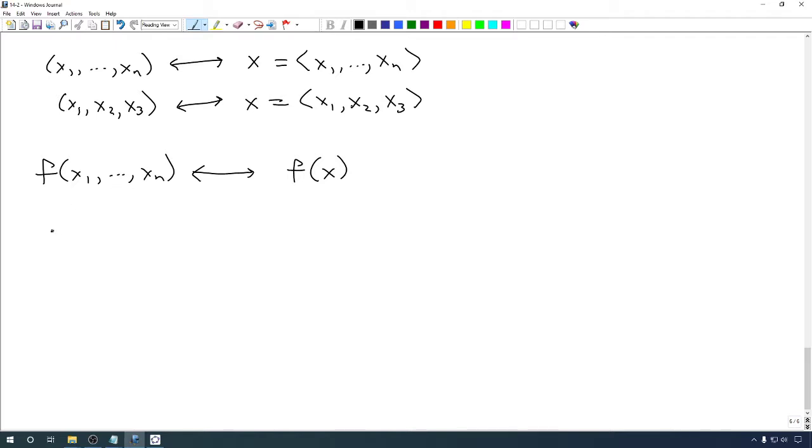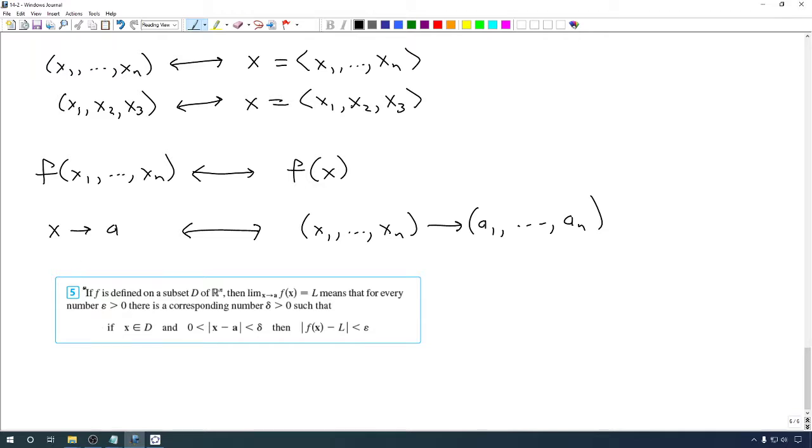And we can talk about a vector x going to a vector a, meaning the same thing as the point x1 through xn going to the point a1 to an. We're going to treat those as the same kind of thing. And once we make those associations, basically trying to use vectors here to make sure we don't have to do too much writing, we can get a definition for what our limit means.